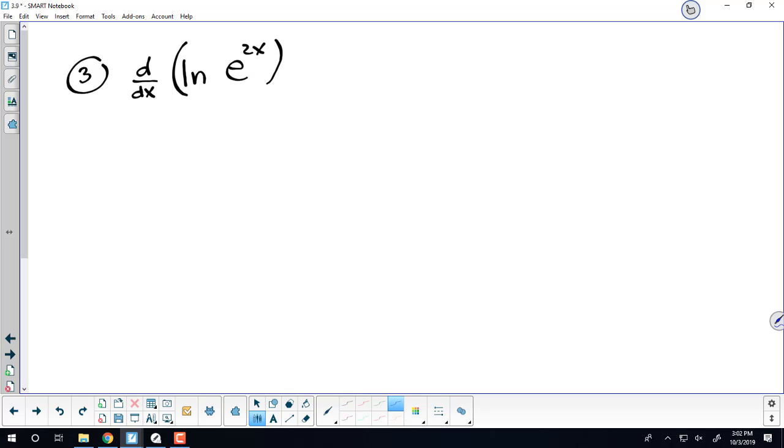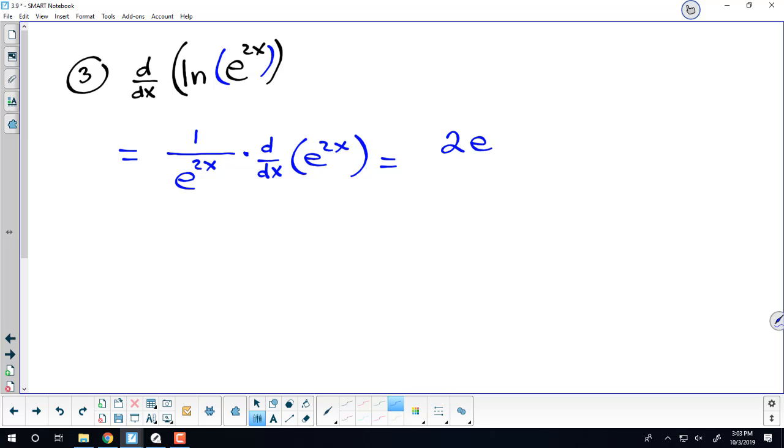Yeah, 1 over e to the 2x times the derivative of e to the 2x. So what's the derivative of e to the 2x? Yeah, 2 times e to the 2x, over e to the 2x.